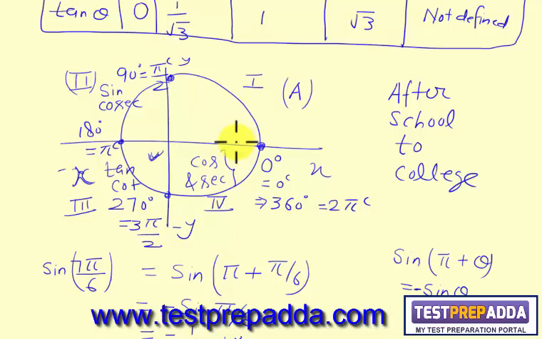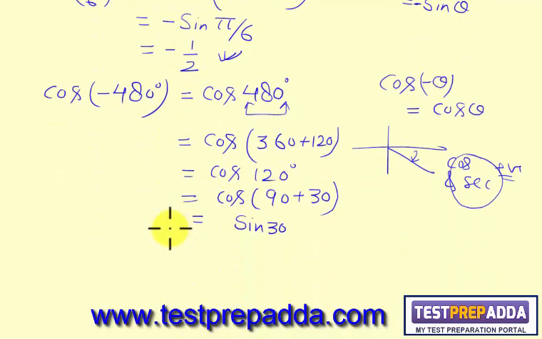Sine of 90 plus theta lies in the second quadrant, and in the second quadrant sine is positive, while here it was cos of 90 plus theta. So cos will be negative in the second quadrant. That is why we will write here minus sine 30 degrees, and sine 30 degrees, as we know, is half. So minus sine 30 degrees becomes minus half.